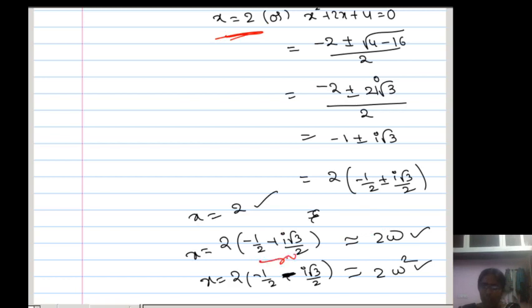It is another terminology you already discussed, equivalent to cis 2 pi by 3 and cis 4 pi by 3, which I already discussed in the theorem. Minus 1 by 2 plus i root 3 by 2 is equivalent to omega. Minus 1 by 2 minus i root 3 by 2 is equivalent to omega power 2. Already I discussed that. So that's why we can conclude that these are your solutions.